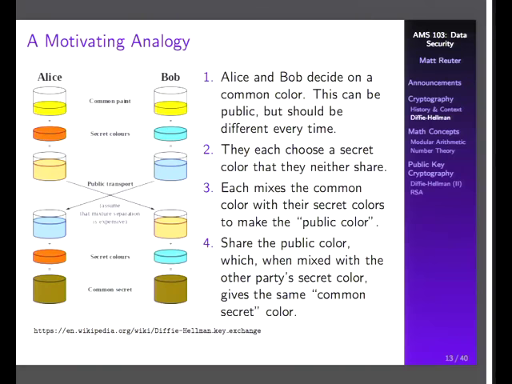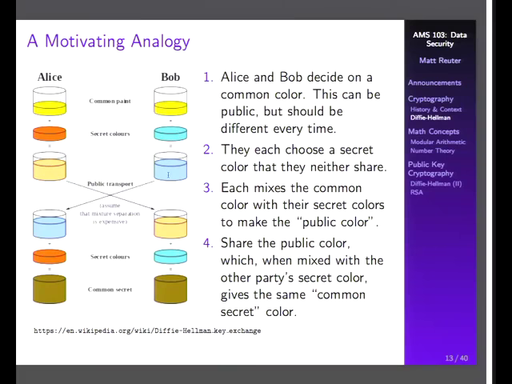And so what they now do is, using this common color that they agreed on and their secret color, they can mix those two together and form these two new colors. So the yellow plus that orange might make this peach-colored one over here. And when Bob mixes that yellow common color with the teal, we get this sky blue.